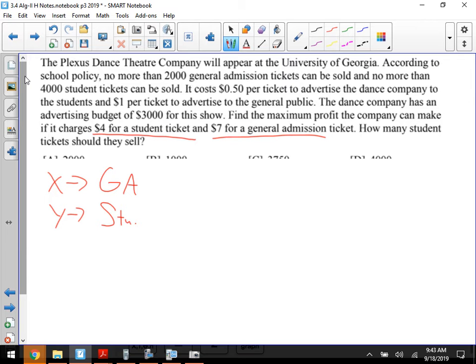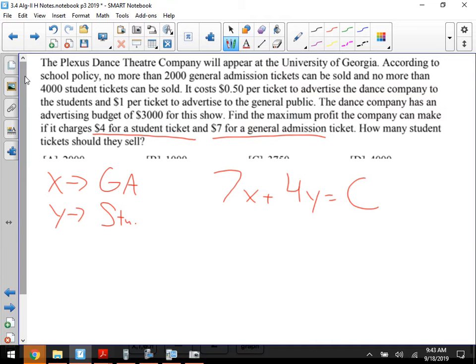General admission I'm calling X. So it's 7X plus 4Y. Okay. Sometimes it'll switch you when you're reading the sentences. They'll put them in a different order somewhere along the line. That's why it's super important to define the actual values you're working with. And then that'll help you keep it straight throughout.